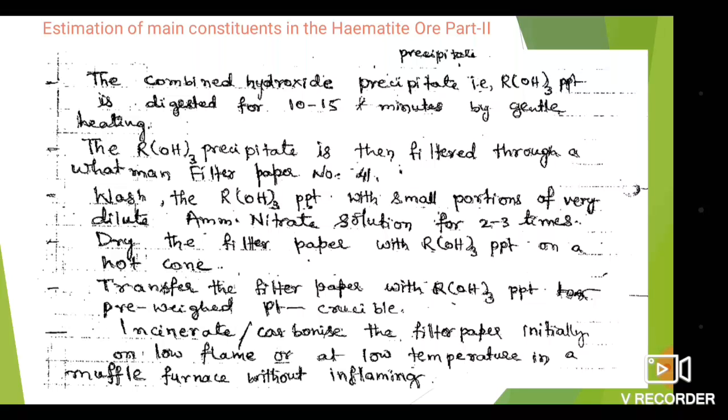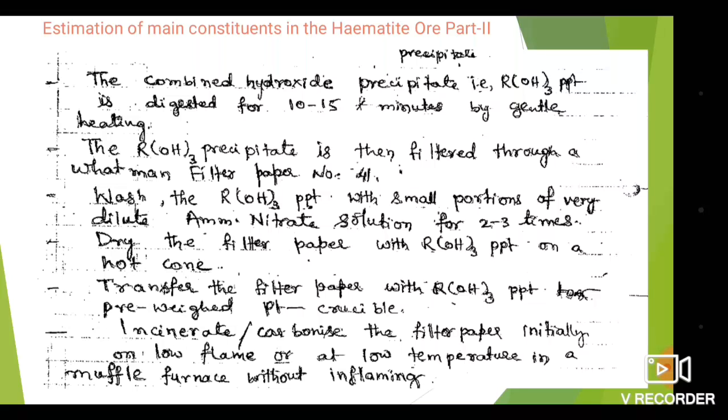The R(OH)3 precipitate is then filtered through a Whatman filter paper number 41. Wash the R(OH)3 precipitate with a small portion of very dilute ammonium nitrate solution 2 to 3 times. Dry the filter paper with the R(OH)3 precipitate on a hot cone. Transfer the filter paper with the R(OH)3 precipitate to a pre-weighed platinum crucible.